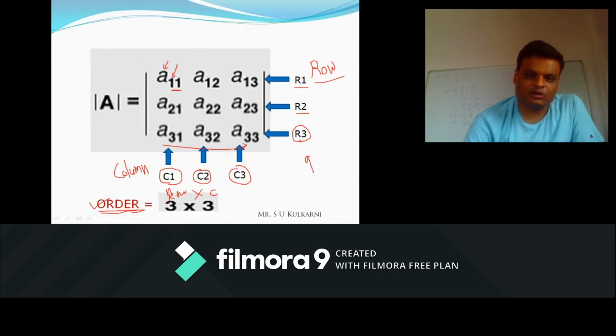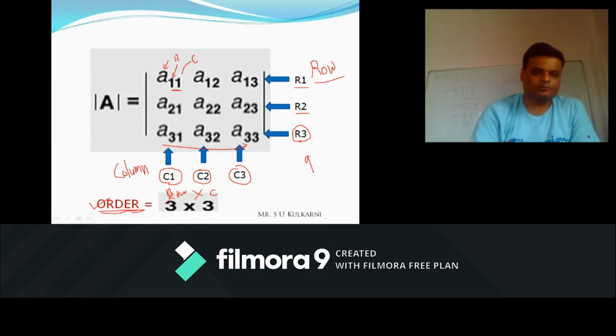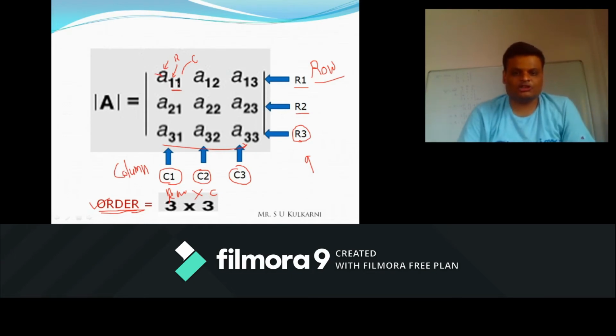The first 1 represents the number of the row in which this element belongs, and the second 1 represents the number of the column in which this element belongs. So this element A belongs to the first row and first column. It is the intersection of the first row and first column.